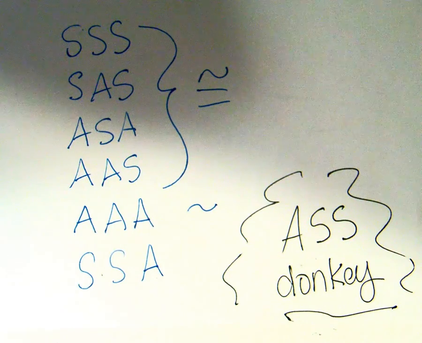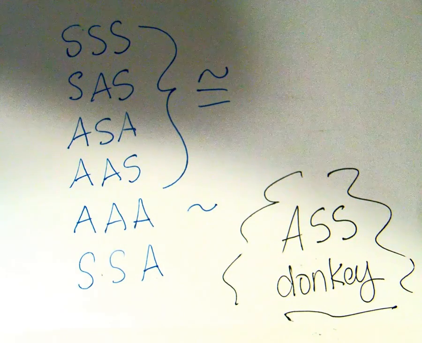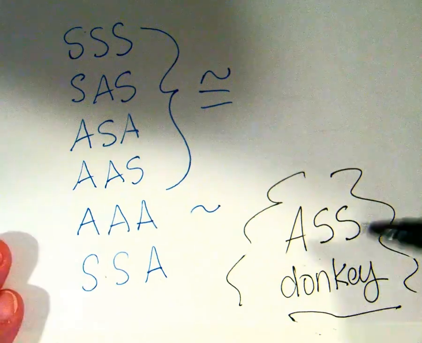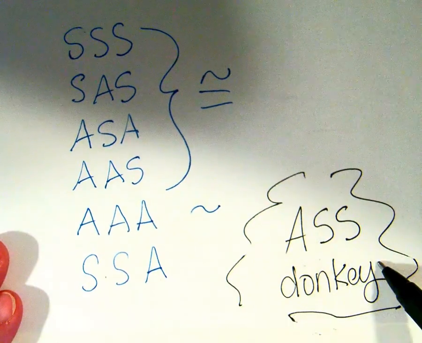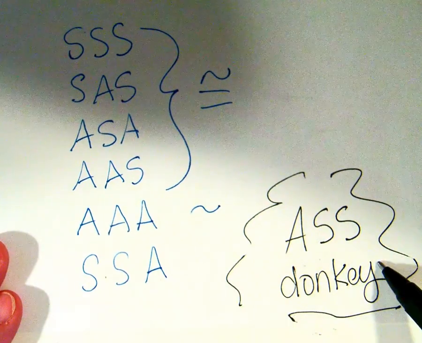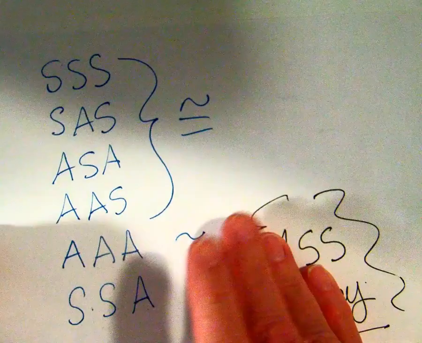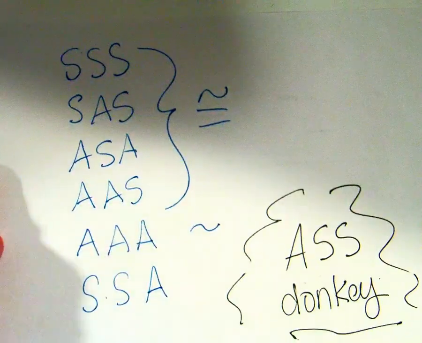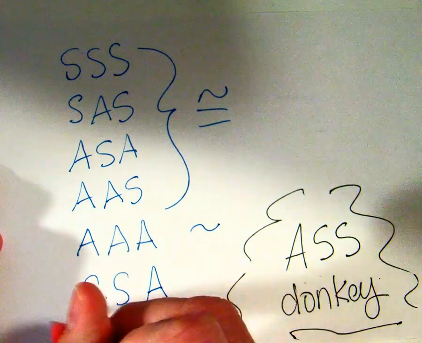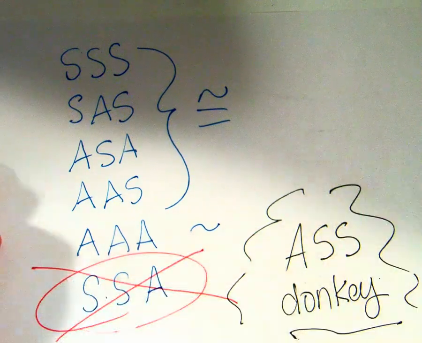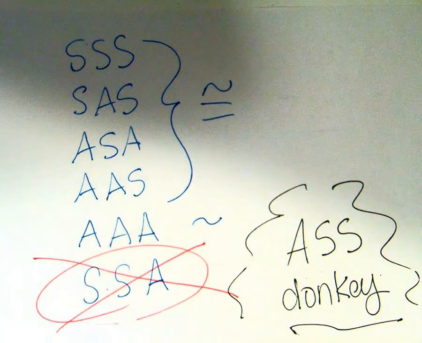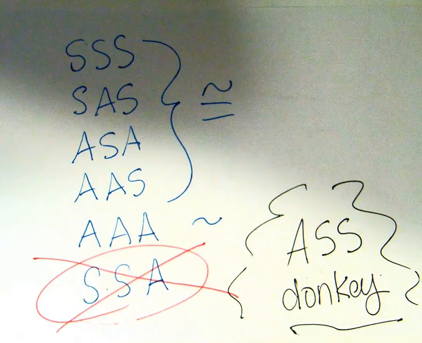So just deal with it. Just remember, we'll call it side-side angle, and if you try to use it, it will make a donkey out of you. So don't even try. Try to avoid it anyway. So, this one is no good. That's the only one that doesn't work, the only combination.